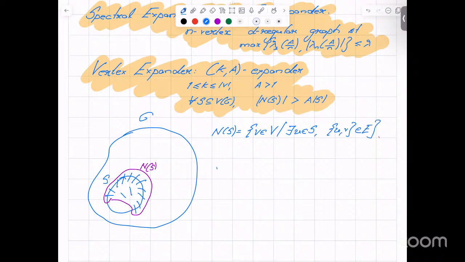And last time we had stated without proof the following fact, that spectral expansion implies vertex expansion.